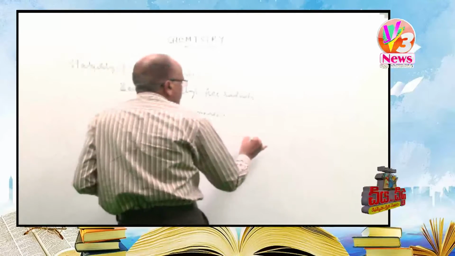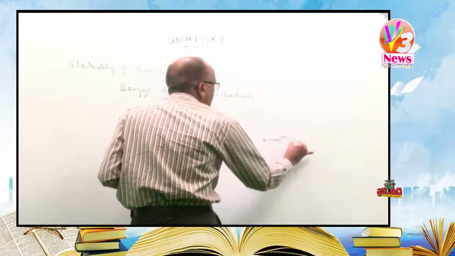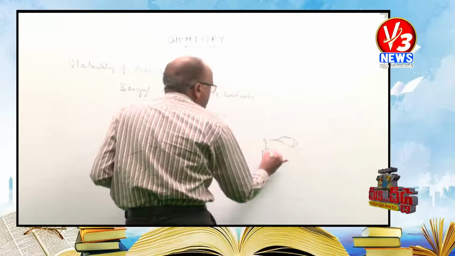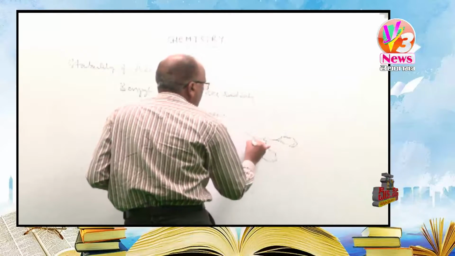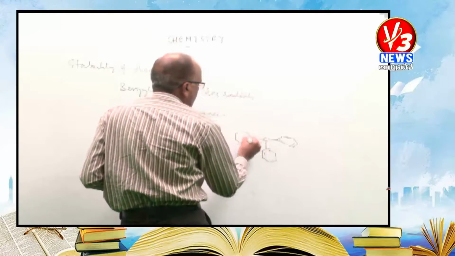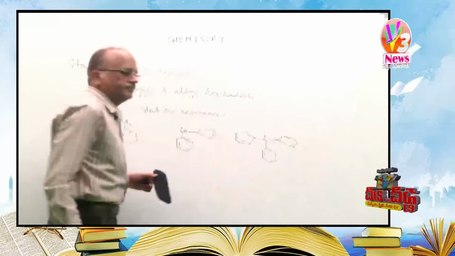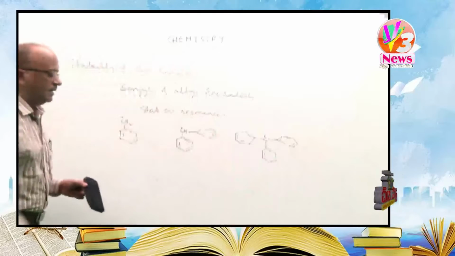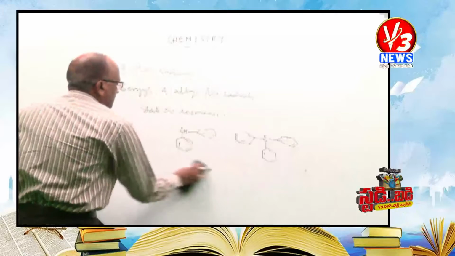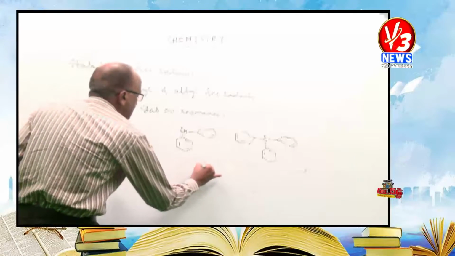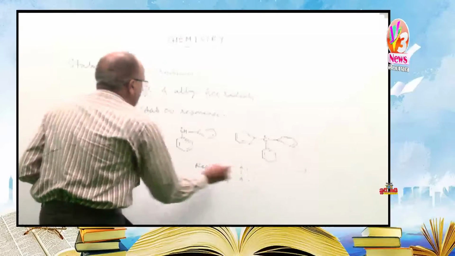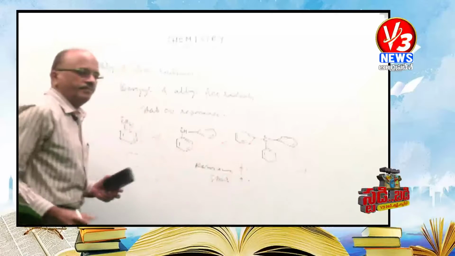This is secondary. Then tertiary, this is tertiary. Then the number of resonating structures increases, or simply resonance increases, stability increases. So this is the stability order.